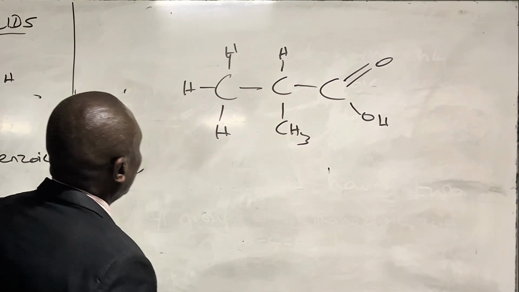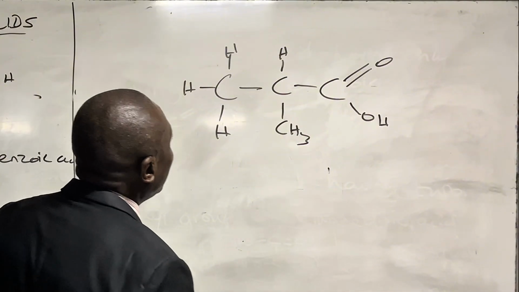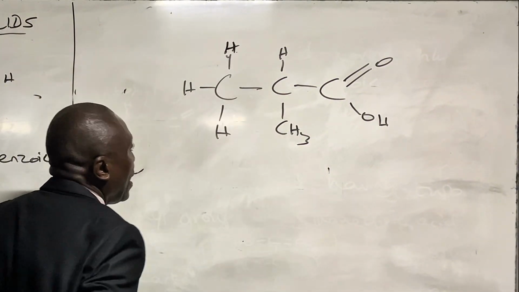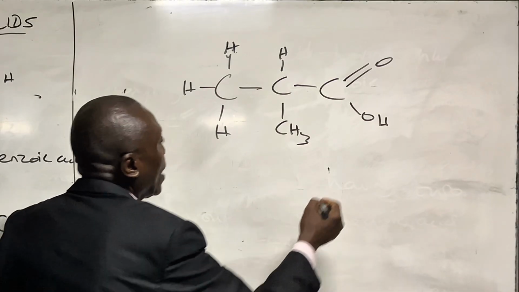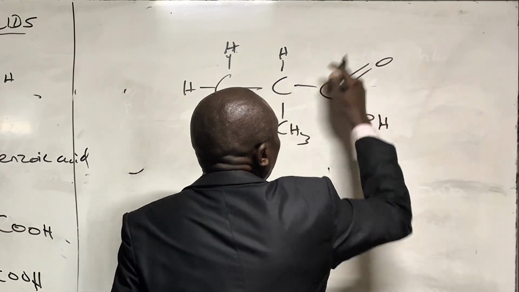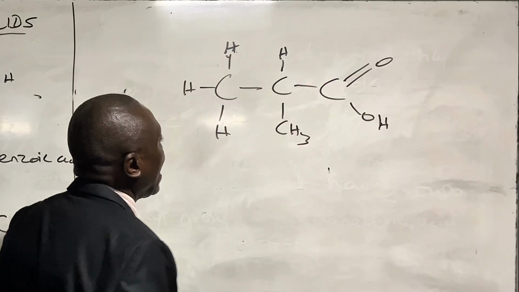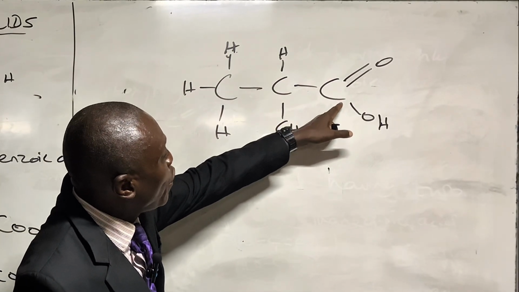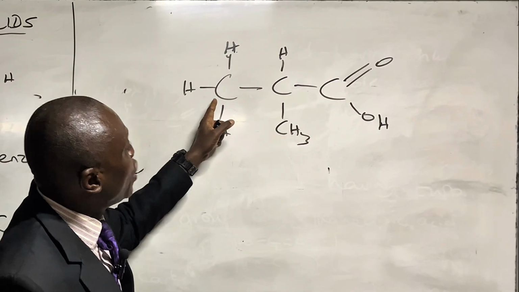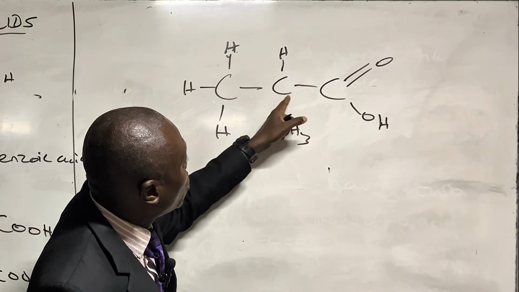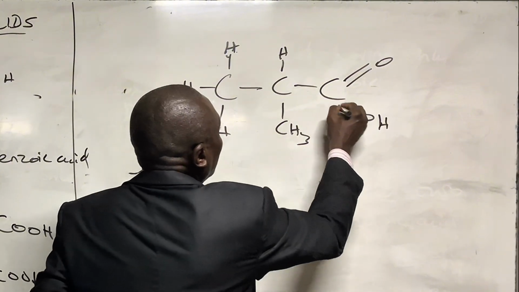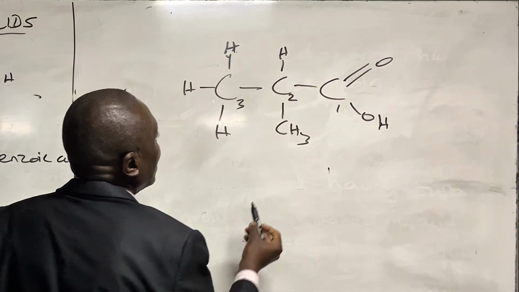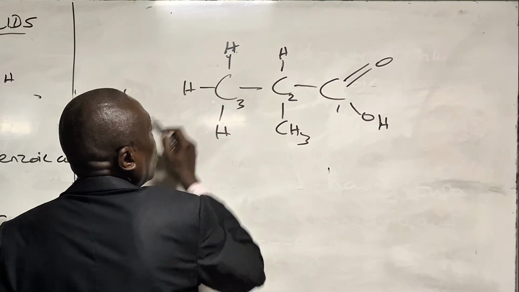I told you during the IUPAC naming class when I taught you IUPAC naming of organic compounds. The functional group is alkanoic acid. You start numbering from the functional group. You cannot start from here. You must start from the functional group: 1, 2, 3.